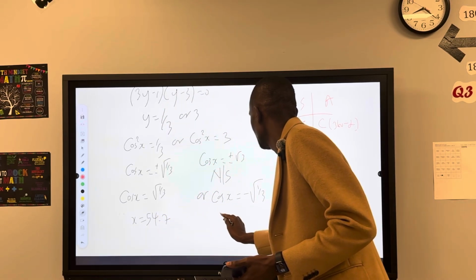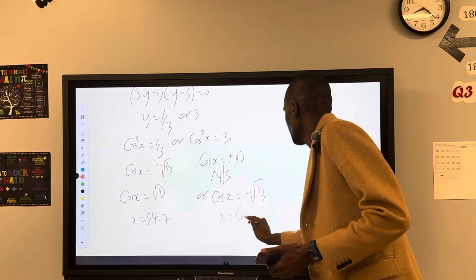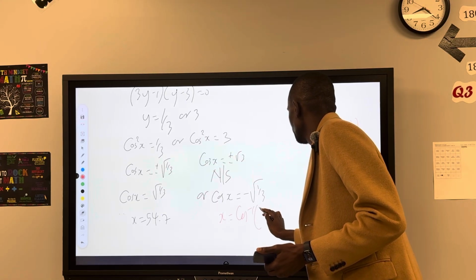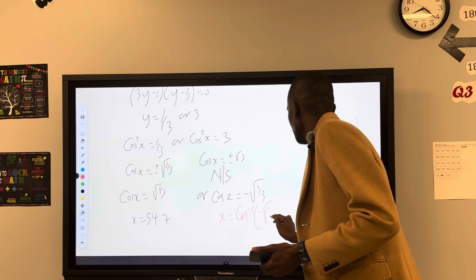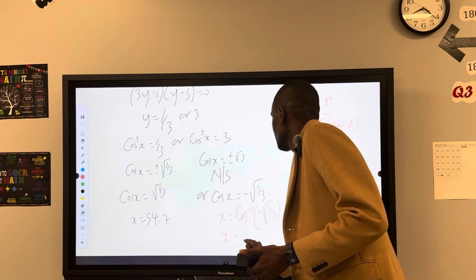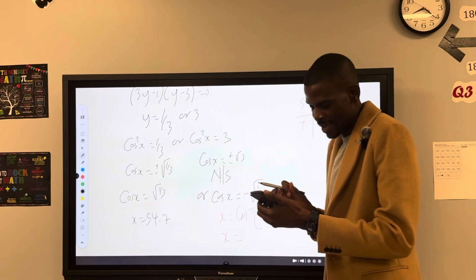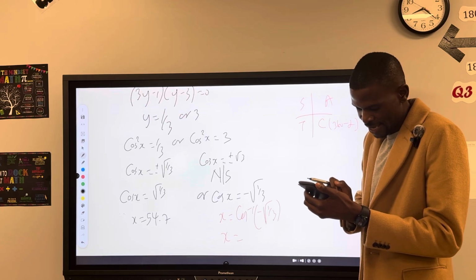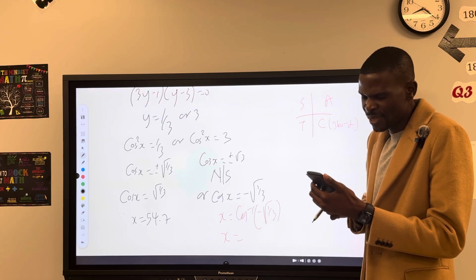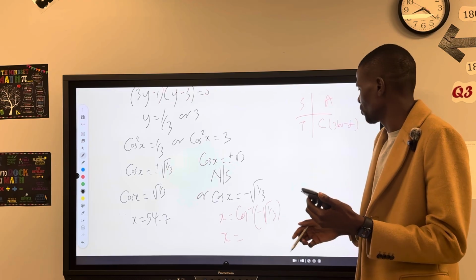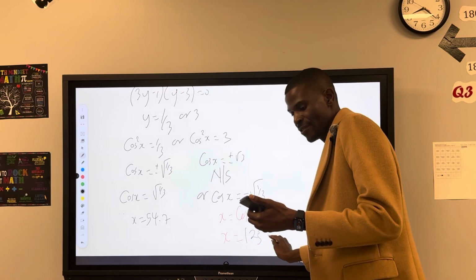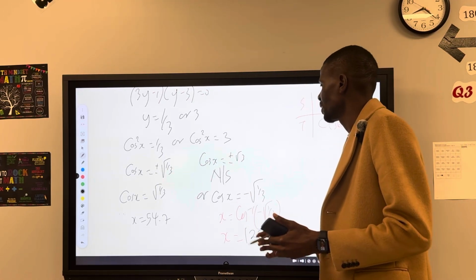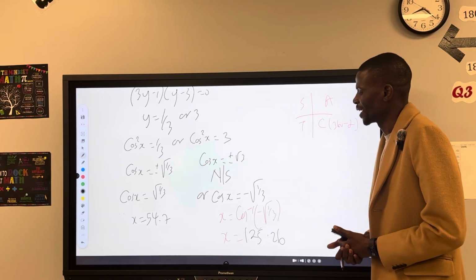Right, so here x is going to be arc cos of negative square root of a third. So x is equal to arc cos of that. I'll put a negative in front of this. All right, when I put a negative, okay, I'm getting 125.26, which is within the range.